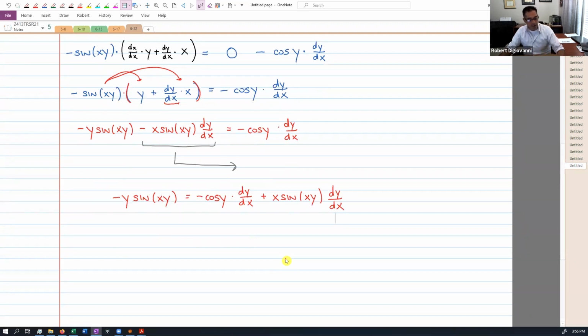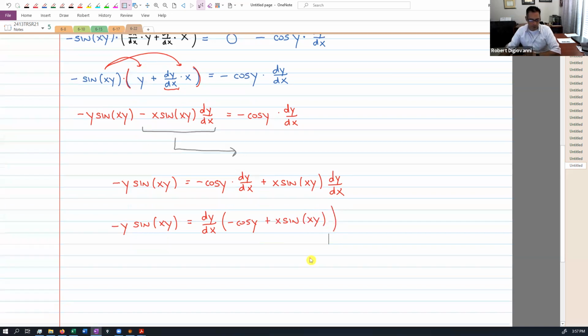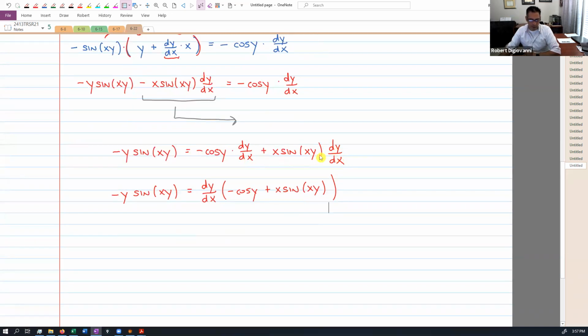Factor out dy/dx on the right. I've never really enjoyed solving for dy/dx. It's usually a pain in the butt. Factoring dy/dx out of both of those, we're left with this.